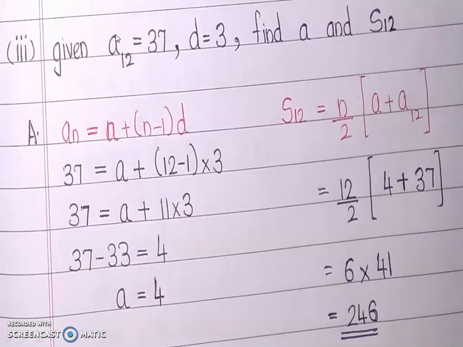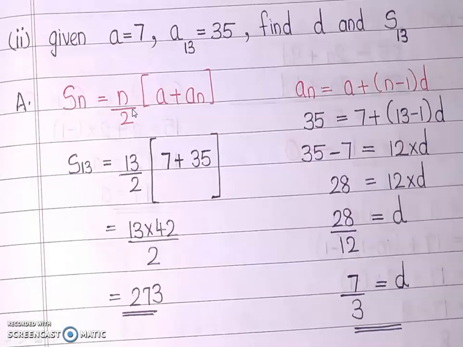So how can you find Sn? You can find Sn as n by 2 into a plus an. Students, one thing you have to notice here is that here you are given nth term and you are asked about the sum of n terms. This n is same here. That is why I can use this equation. In some questions, this n and this n will be different.